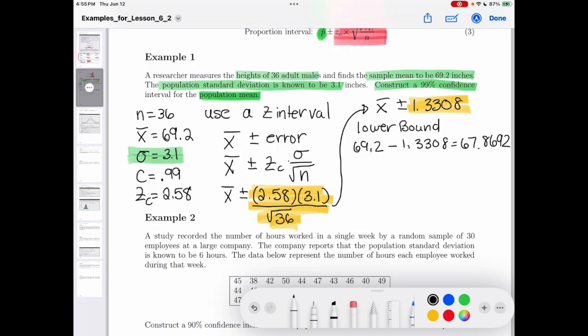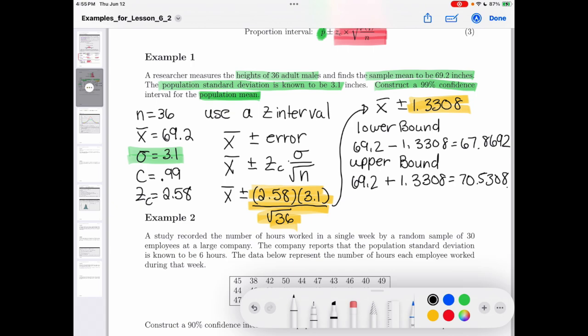For the upper bound, we're going to take our point estimate, which is 69.2, and add the error, which is 1.3308, and I'm going to get 70.5308.